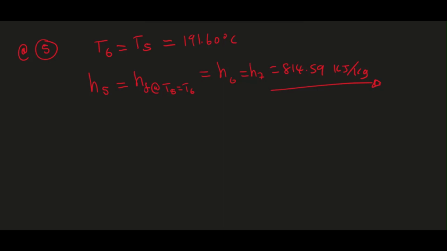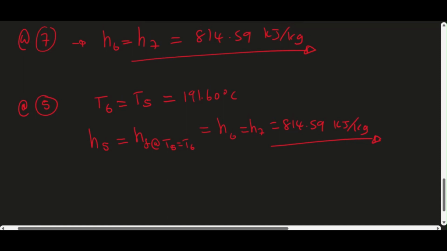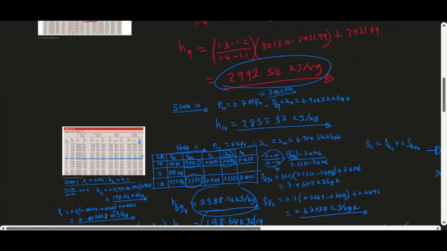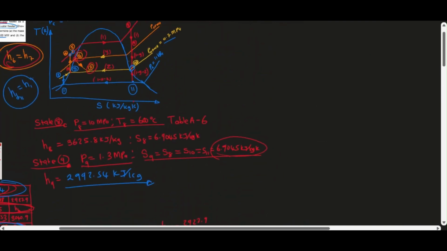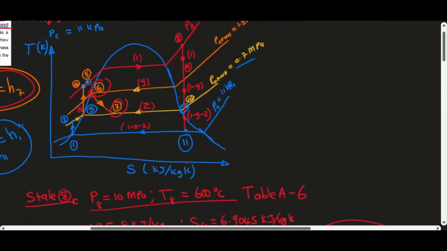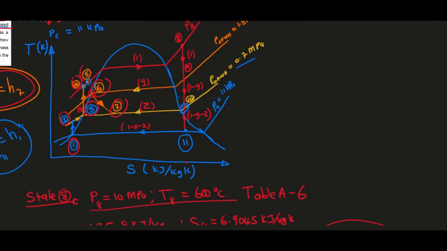So we have H5, we have H7, we have H8. All our states are defined now. Let me see. We have H1, H2, H3, H4, H5, H6, H7.